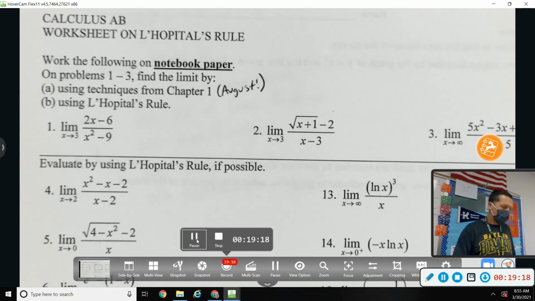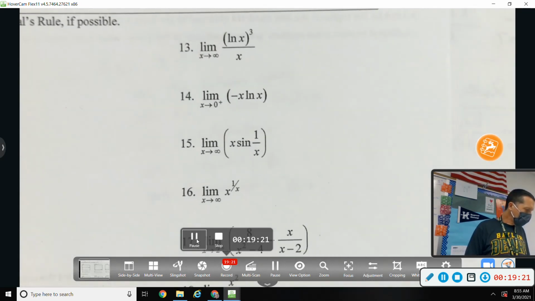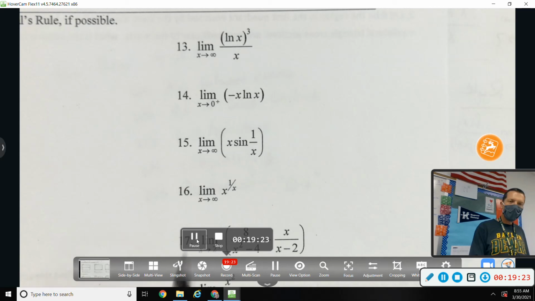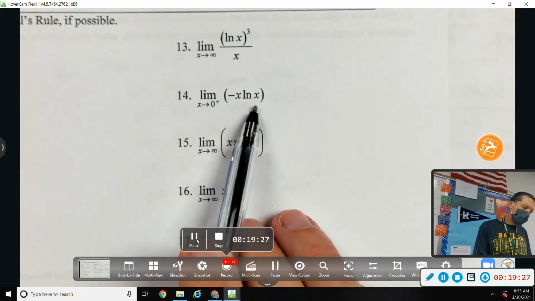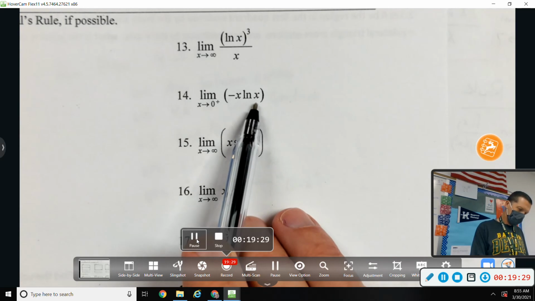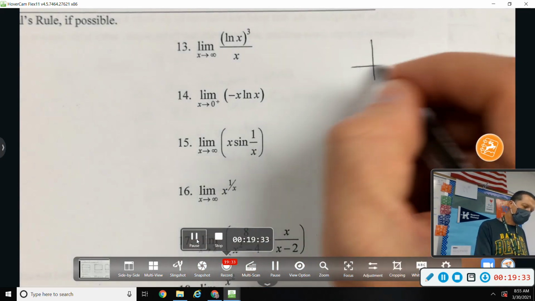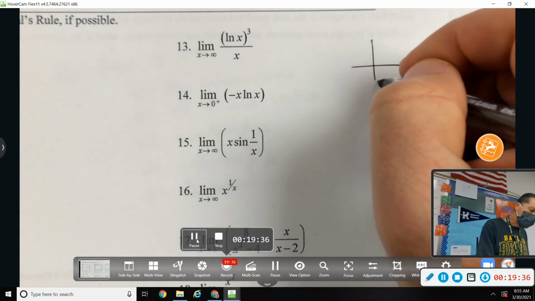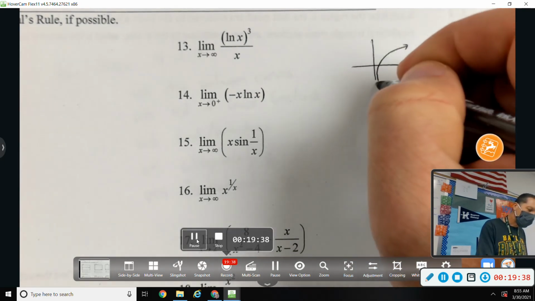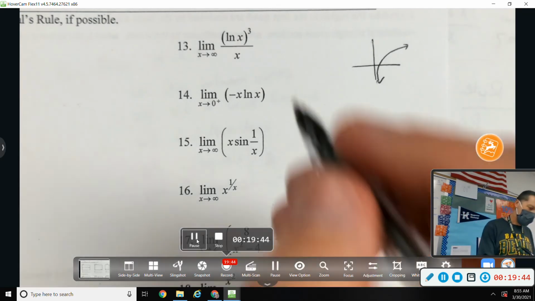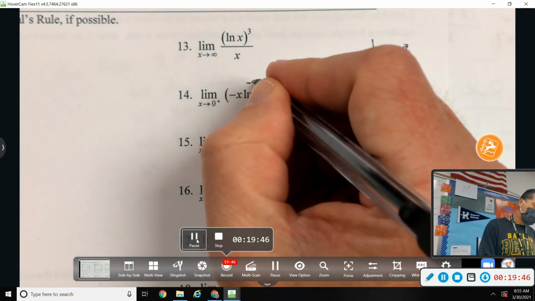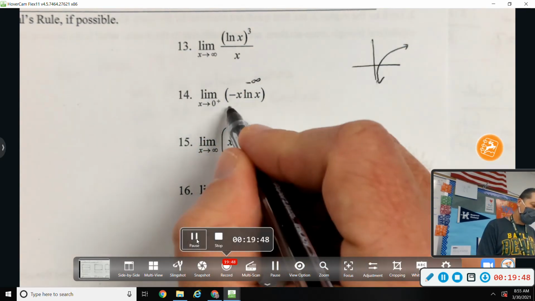Now, a couple of hints. Look at number 14. Limit as x approaches 0 from the right. Let's see, natural log of 0. Natural log looks like that. So 0 from the right of natural log would be negative infinity, and x would approach 0.